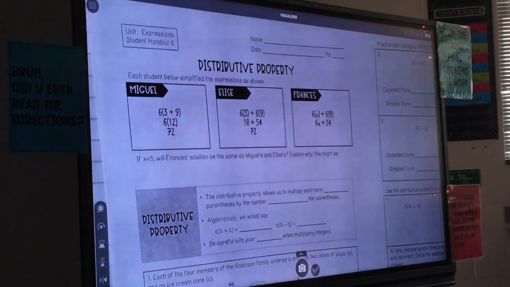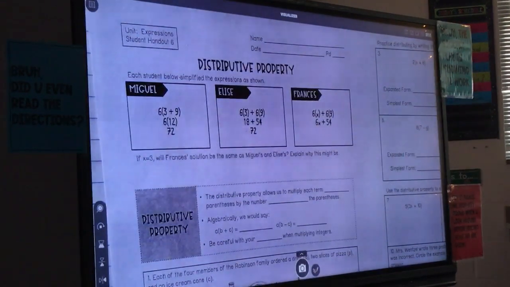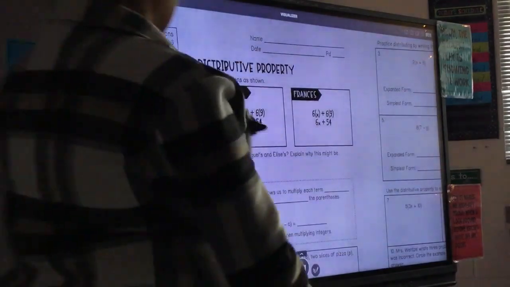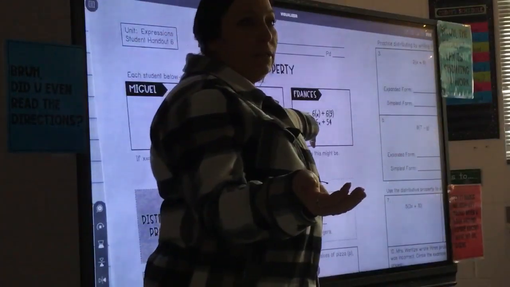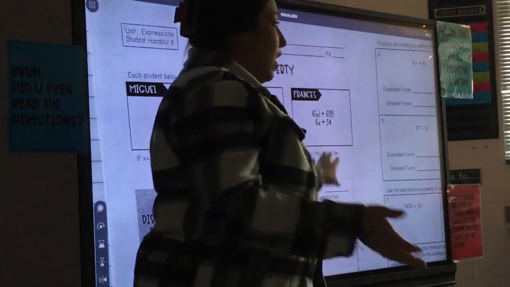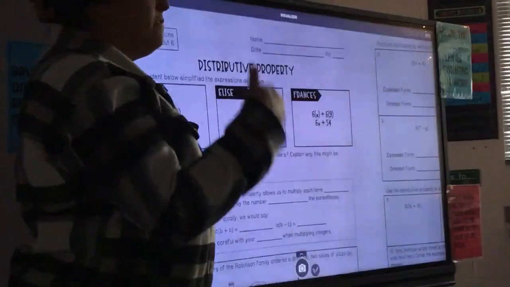So, question, how many of you have forgotten what we do when we have the value for our variable? How many of you have forgotten what to do with it? Thank you, Alex. Thank you, Summer. Thank you, Gabriel. So, we have x, an unknown number, right? Down here, it gives us the value for x.